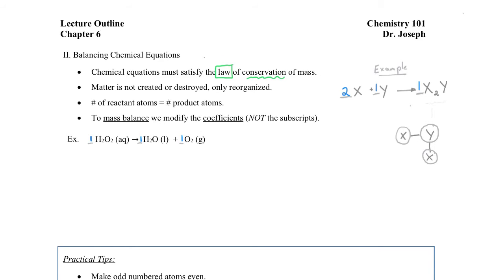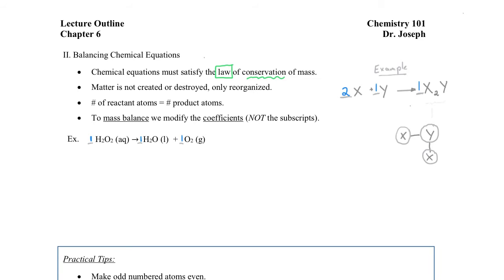We need to make sure that there's the same number on both sides. Now, one of the things to note is just because we have 3 over here doesn't mean that we have to have 3 over here. We can actually change the total number on this side to something like 6 or 12 or whatever we want it to be. As long as it matches on the left and on the right, that's what we're going for.